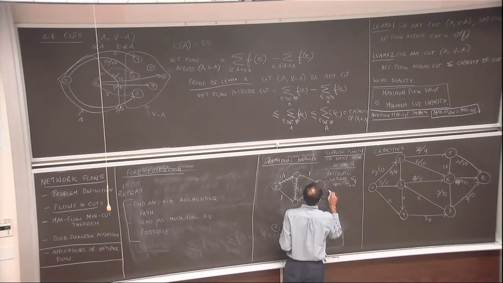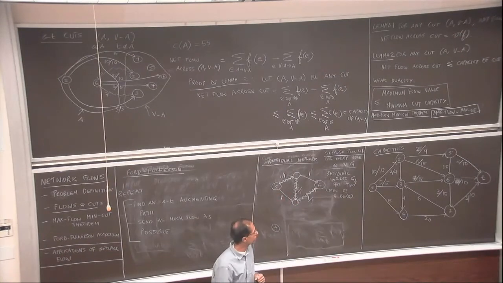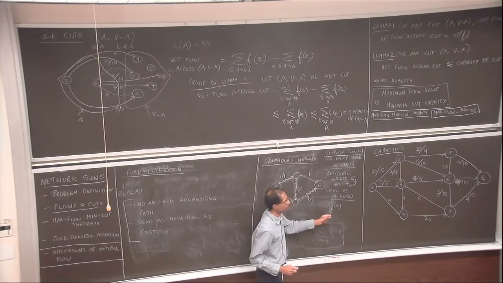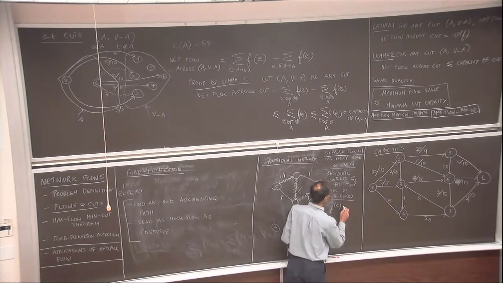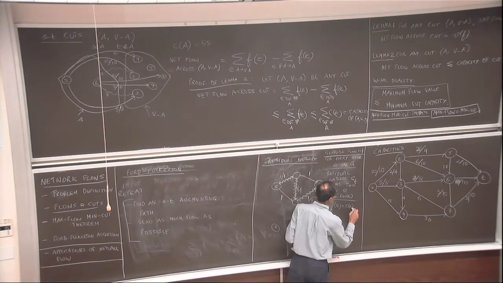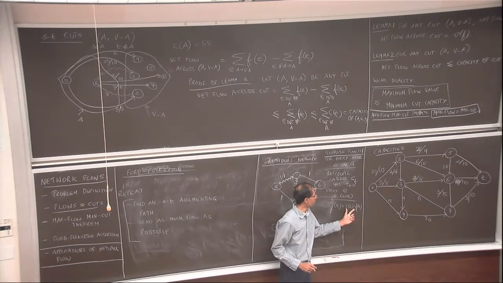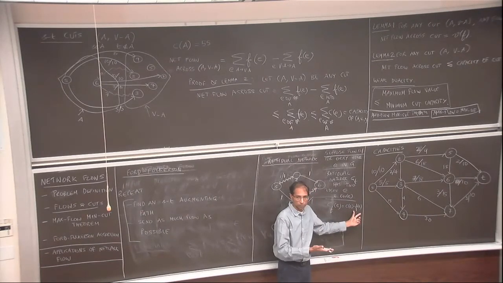It has 2 edges, E and the reverse of E. Let me write the capacity of this edge as CF of E, the capacity in the residual network. The capacity of the edge E is whatever is remaining: how much capacity the edge has, minus the flow that we have already committed to.